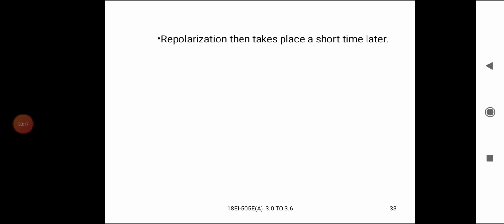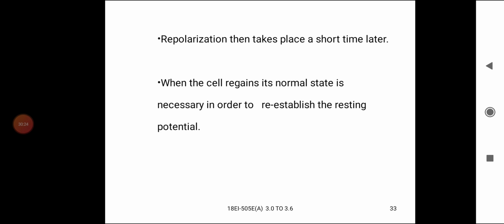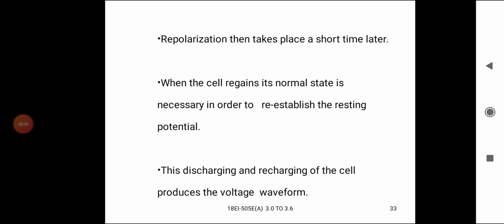Depolarization then takes place, and a short time later the cell regains its normal state, which is necessary in order to re-establish the resting potential. This discharging and recharging of the cell produces a voltage waveform.